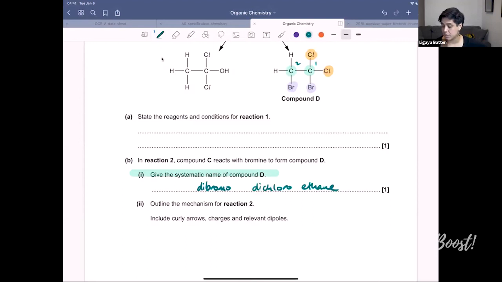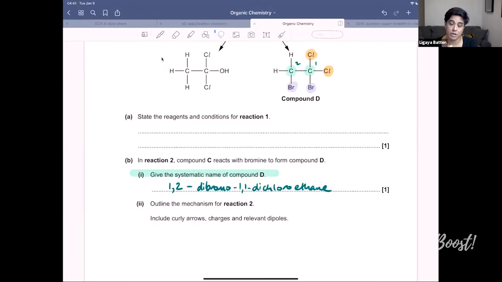So we've got 1 bromine on 1 and 1 on 2. So we're going to do 1,2-dibromo, and then 1,1-dichloro, and then ethane. Okay, so making it clear with the numbers that we have. So every side group has its own number. We separate the numbers with commas, and we separate the numbers from the letters with hyphens.